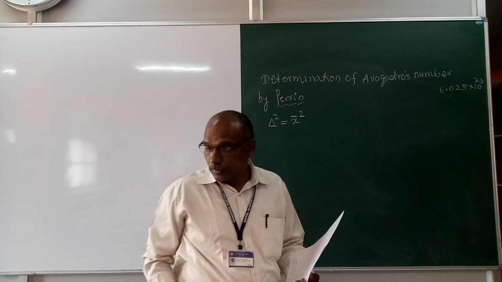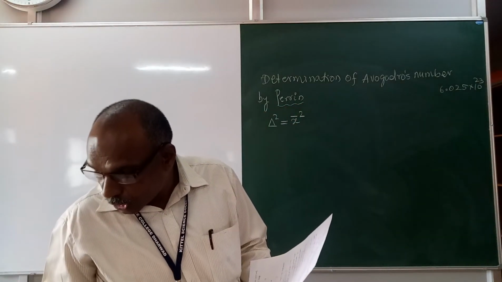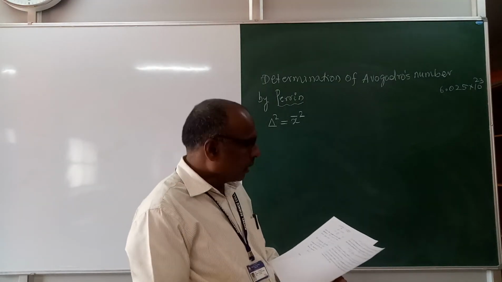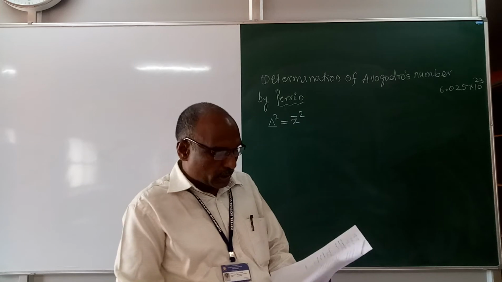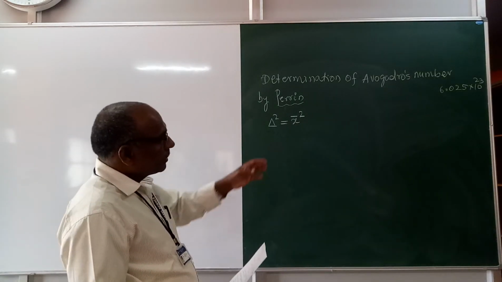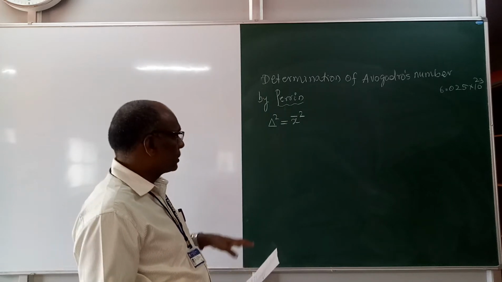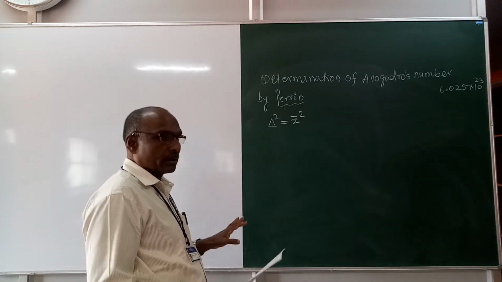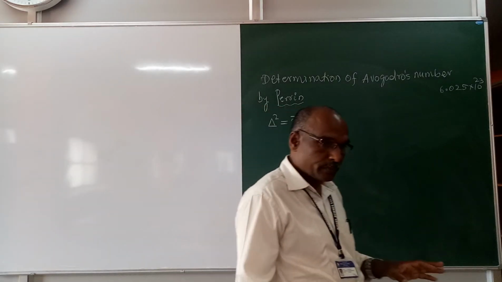That is molecules per gram mole, or 10 raised to 26 per kg. That value is known to us, if everything is correct in this theory.